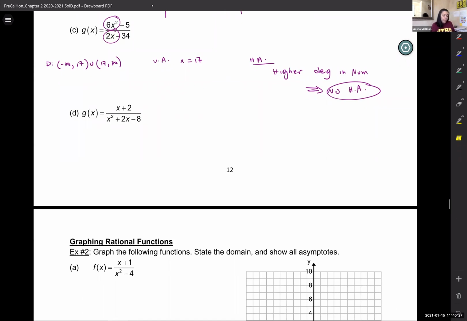All right. So first, domain. Do you see how this denominator can clearly be factored? Let's factor this. So we have x plus 2 in the numerator, and on the bottom, x minus 2, x plus 4.